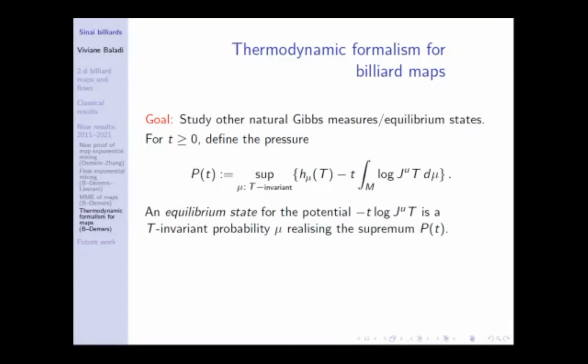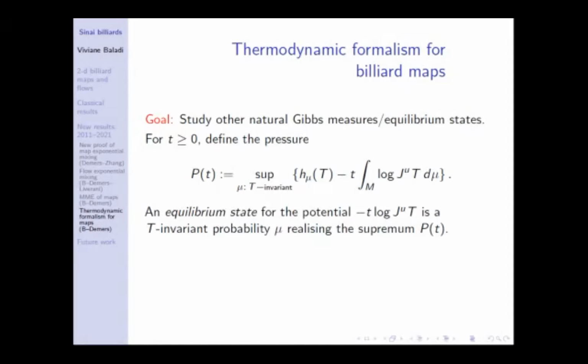And remember that for t equals 1, we had a very nice picture, spectral gap, everything. For t equals 0, we have a much worse situation. We didn't have the spectral gap. Anyways, so let's define this pressure, and let's define an equilibrium state for this potential minus t times the logarithm of the unstable Jacobian to be any invariant probability measure realizing this supremum.